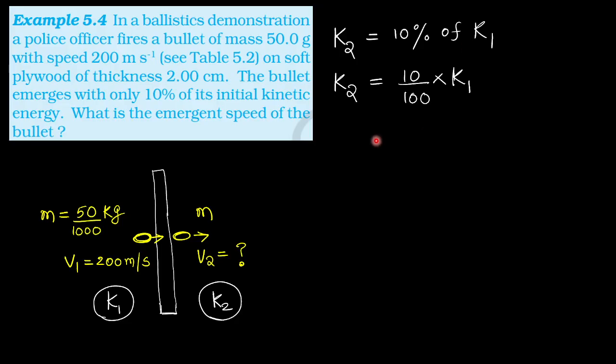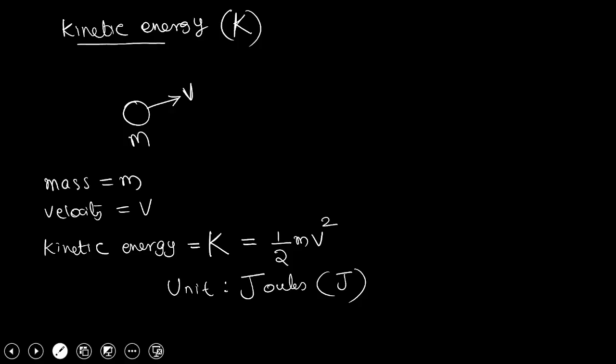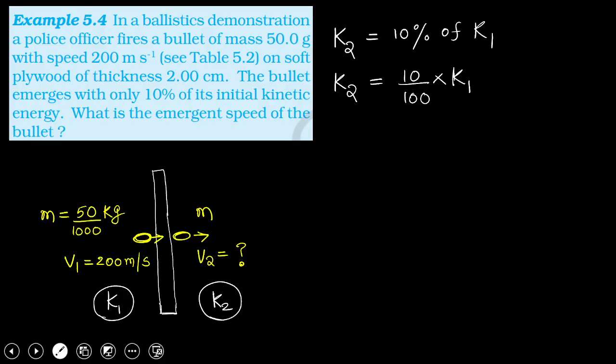Now, kinetic energy. What is the formula of kinetic energy? Kinetic energy is half mv square. So final kinetic energy equal to half into m into v2 square, as the final velocity is v2. The mass does not change. Let me complete it.